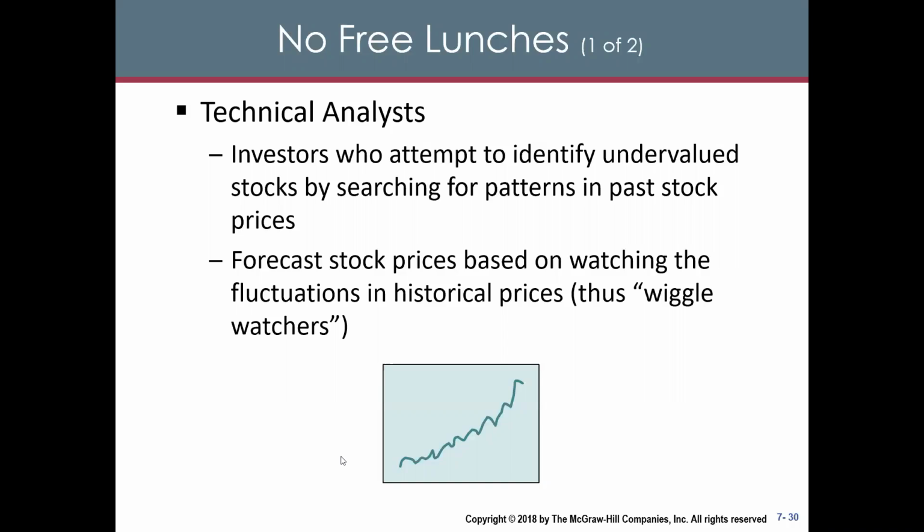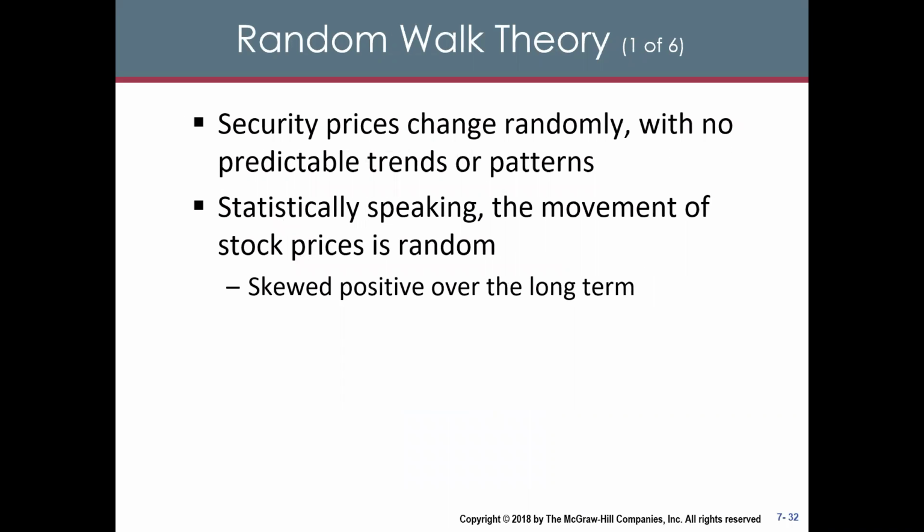However, the believers of the random walk theory will go against them. The random walk theory says security prices change randomly with no predictable trends or patterns. Statistically speaking, the movement of the stock price is random, and it's positive over the long term, because over the long run you will see the stock price going up.